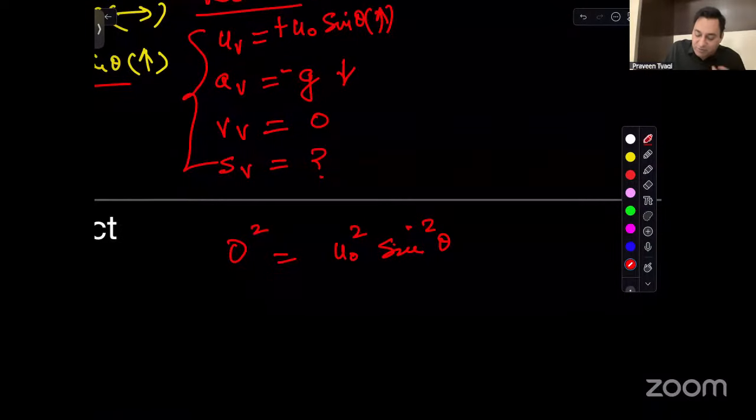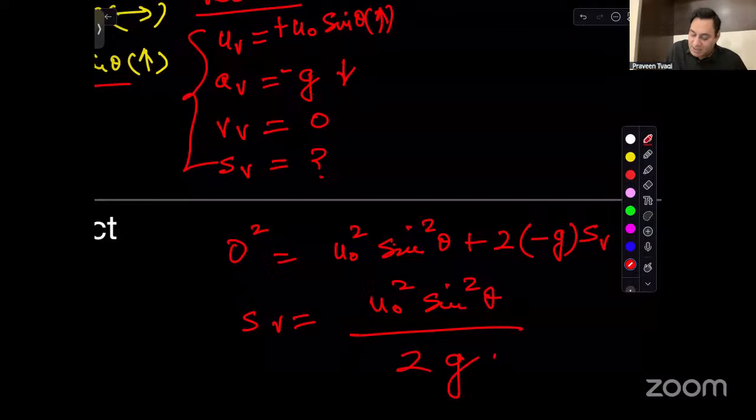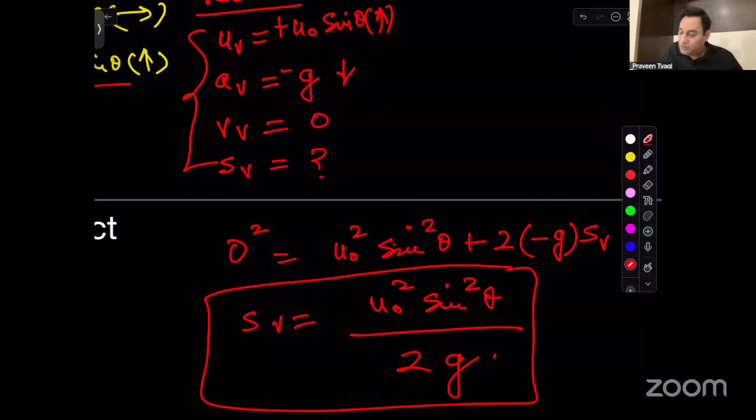We'll put it with proper signs because we are dealing with vectors. v square is equal to u square plus 2as, s we have to find out. So from here, s vertical is u square sine square theta upon 2g. And that is a formula that many of you remember.